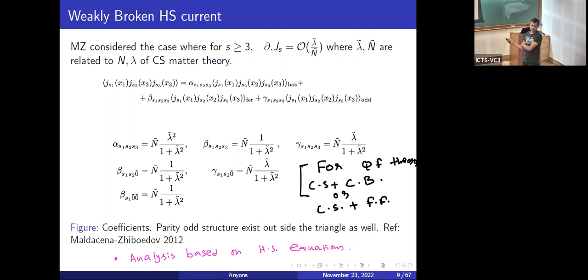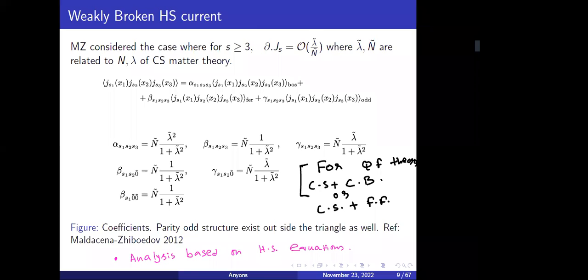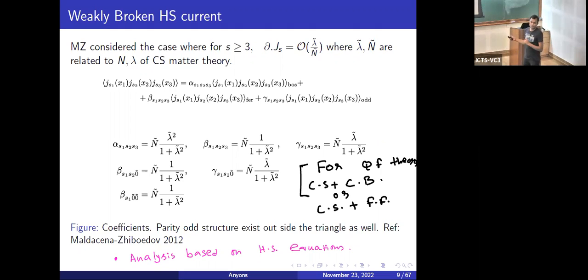Lambda tilde goes to infinity is the free bosonic. In both these limits, you get the pure boson or pure fermionic, but in between you get the parity odd structure. Yeah, but what Rajesh is asking, is there a way I should be only just keeping lambda tilde as it is, but taking n tilde to infinity.